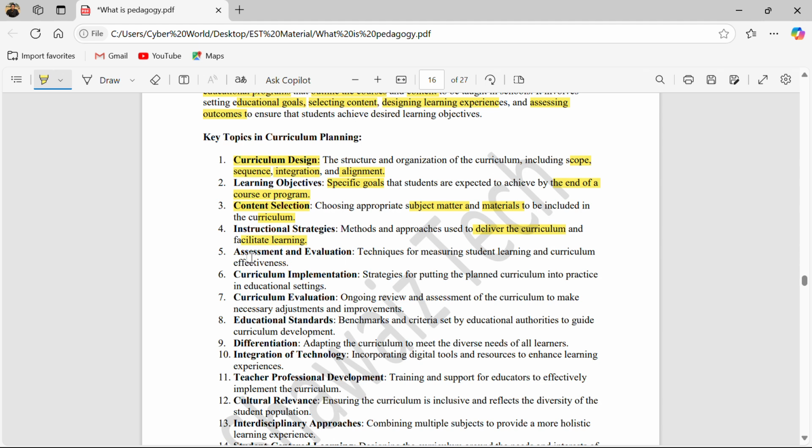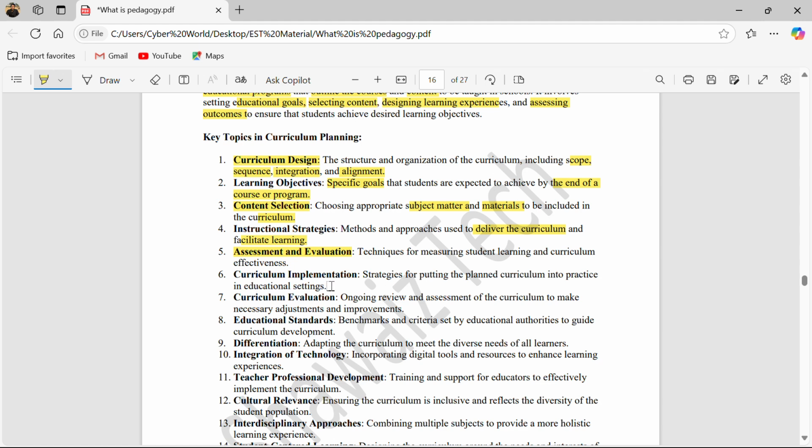Next is assessment and evaluation, techniques for measuring students' learning and curriculum effectiveness, to know their knowledge and skills.